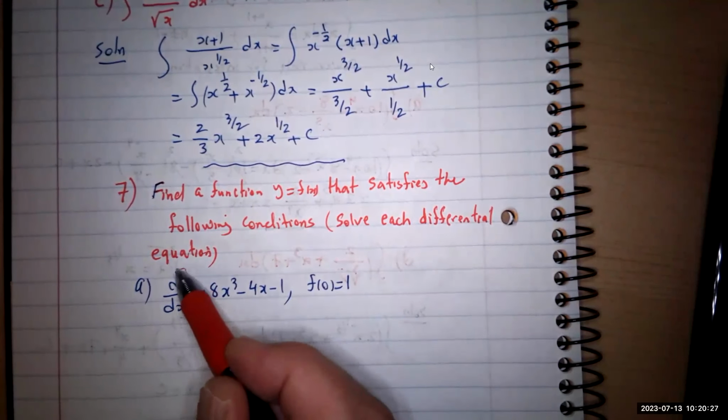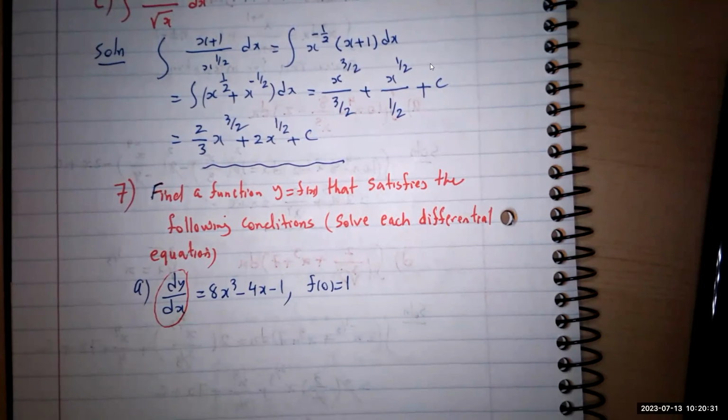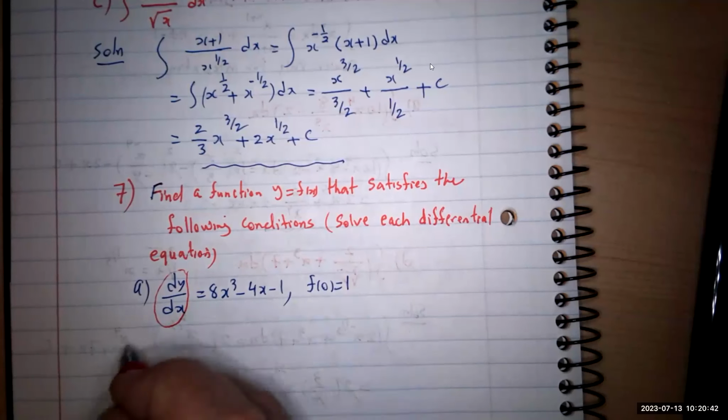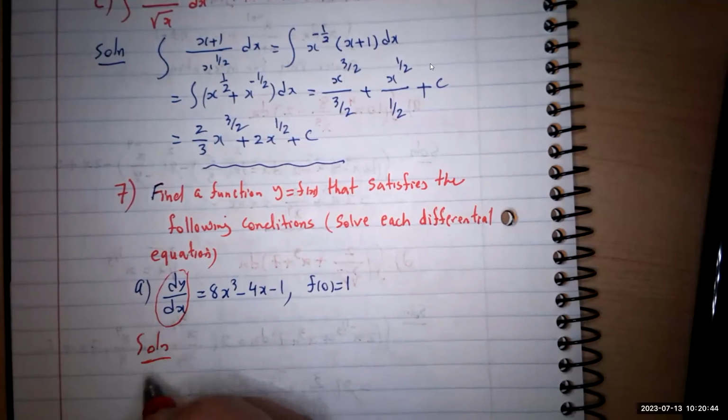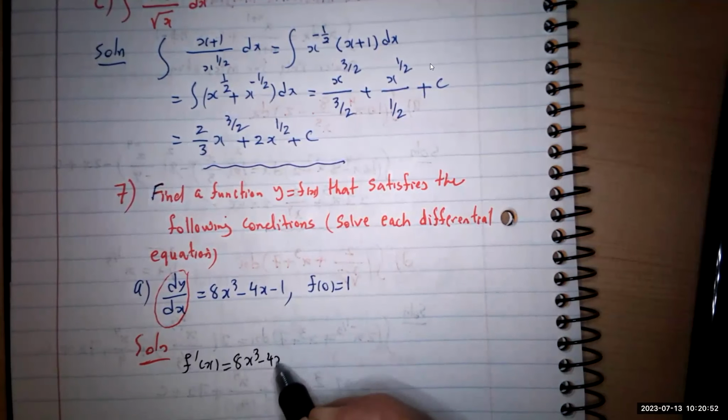You see, you are going to replace this one by y prime or f prime. That would be familiar notation. Then f prime is given to you. You want to find the f, so you have to find the antiderivative or just the integral. Okay, so the solution: you rewrite it, f prime is equal to 8x cubed minus 4x minus 1.